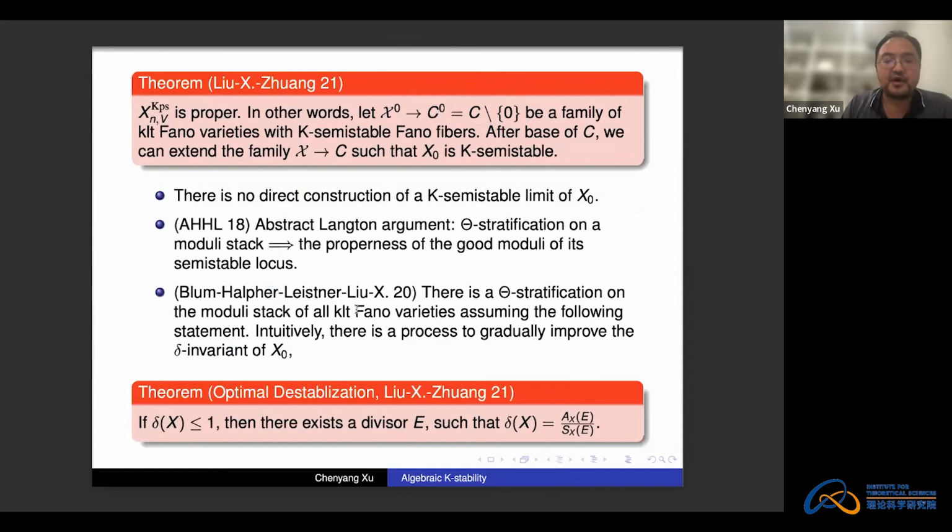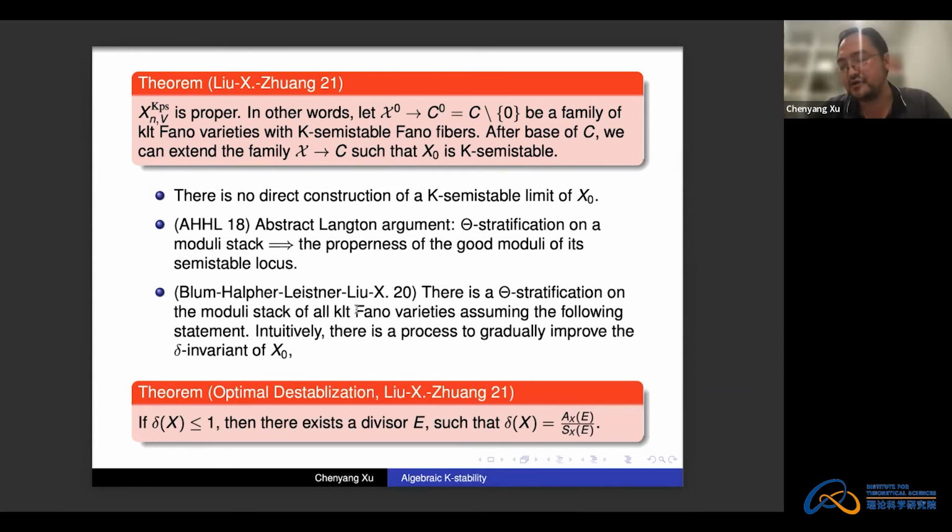So once you have this uniqueness, we want to prove the good quotient moduli space is proper. That just boils down to this: if I have a family of Fano varieties such that the general fibers are K-semistable, I can always fill in the limit to make it K-semistable.